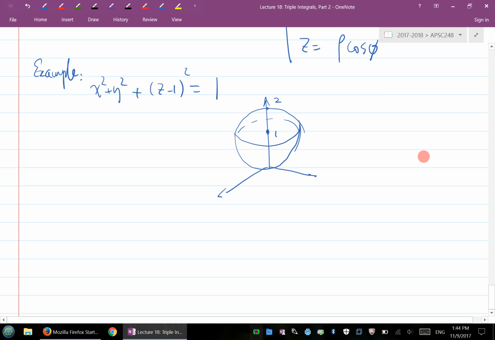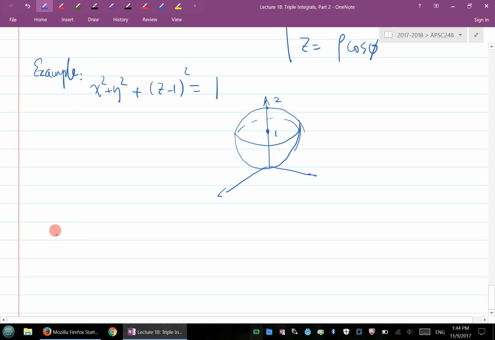So let's try it. The x is replaced with rho sine phi cosine theta, squared. And the y is replaced with rho sine phi sine theta, squared. And the z is replaced with rho cosine phi, minus 1 squared, equal to 1.